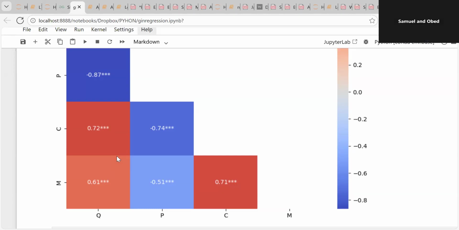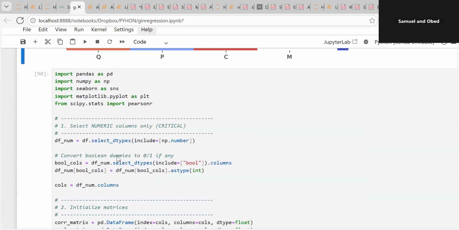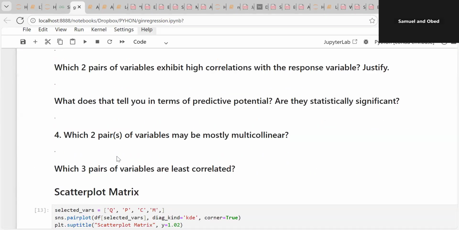Yeah, Samuel, go ahead. The next pair is the quantity demanded and then the price of the complement good, which is 0.72. Good. You should be able to identify that. And then you say, what does that tell you in terms of the predictive potential? It means that price is probably likely to do more because price is significant.